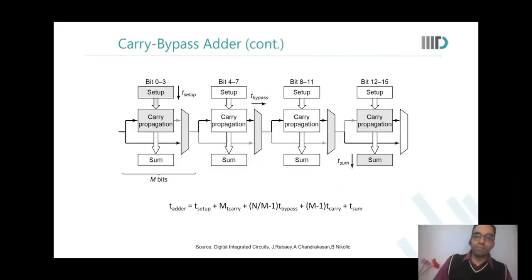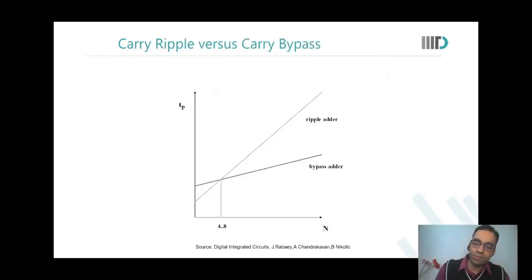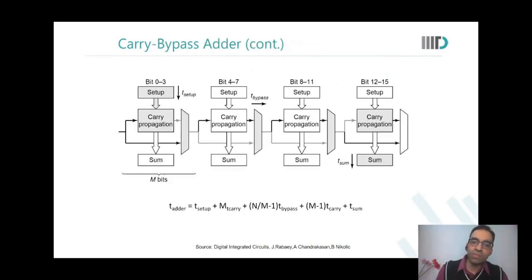So if we do it like that, then what happens? We have carry bypass for the first 4 bits, then carry bypass for the next 4 bits, then for the next 4 bits, and so on. If there are a total of m bits, then what is the total delay of the adder?